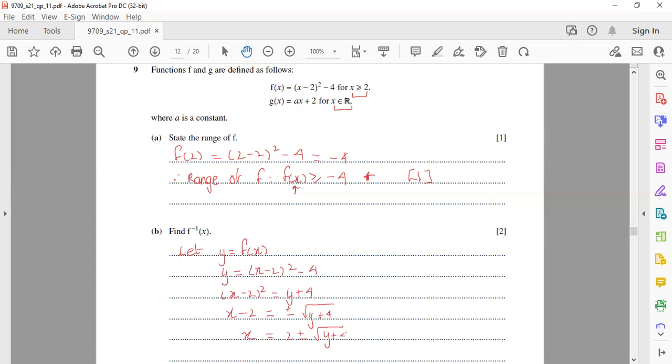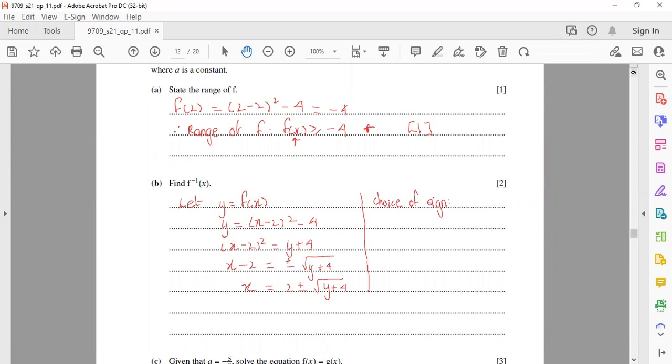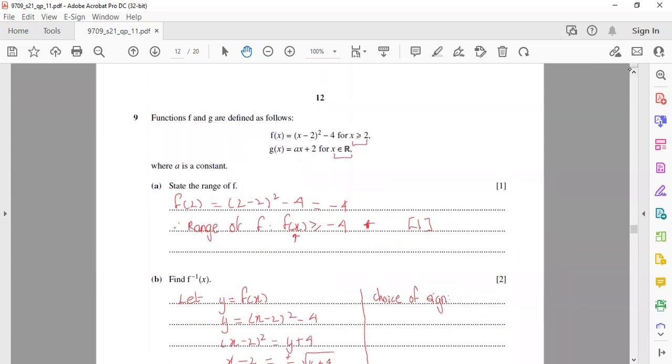Okay, here we need to choose which sign will correspond for the inverse function. So for the choice of sign, let's choose a point for x that is greater than or equal to 2.